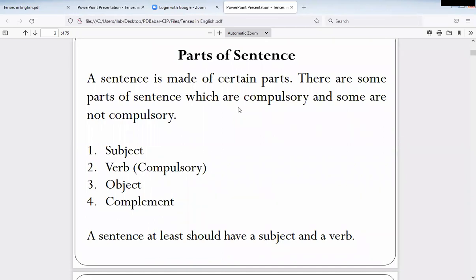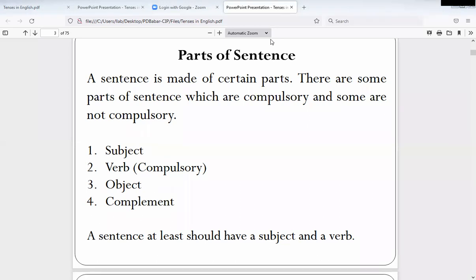Some of these parts are compulsory to construct a sentence, without which we couldn't form any type of sentence, and some, if we omit them, won't cause any disturbance in forming a sentence. The complementary part we can keep aside if we don't want to construct a sentence with it.